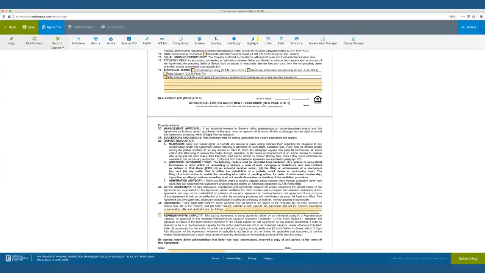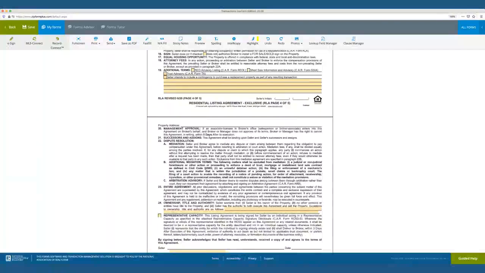So if the only way you're going to get this listing is if you offer the seller 3% commission total, or if you're doing it for a small percentage, or if you have to share it with somebody else, go to your manager beforehand, get that approved beforehand. They should know that before, because it has to be approved.